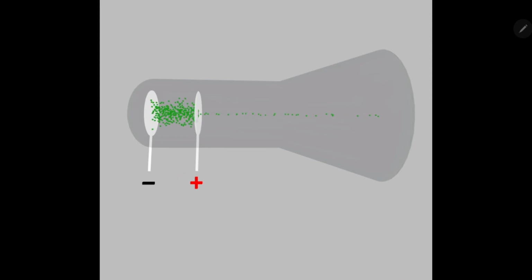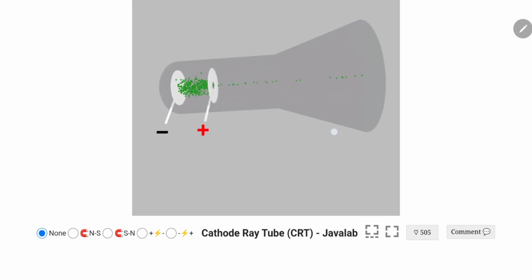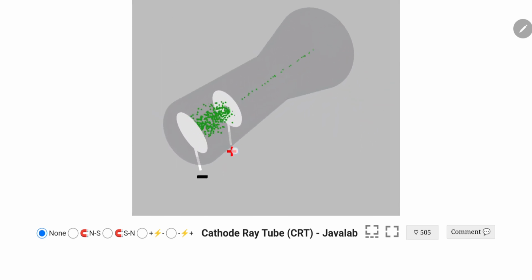There is a small hole over here, and through it these charged particles pass to the other end of this tube.